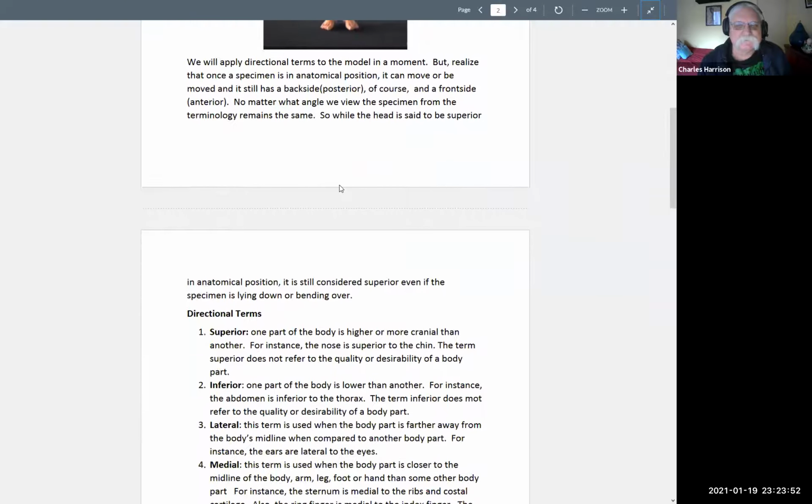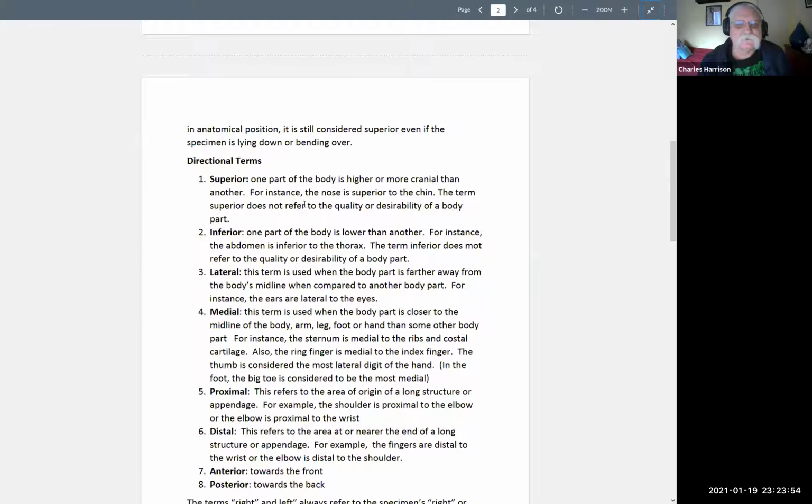Okay. The directional terms. The first one is superior. One part of the body is higher than the other. So, for instance, your nose is superior to your chin. It's higher up than your chin. This doesn't refer to the quality of anything.